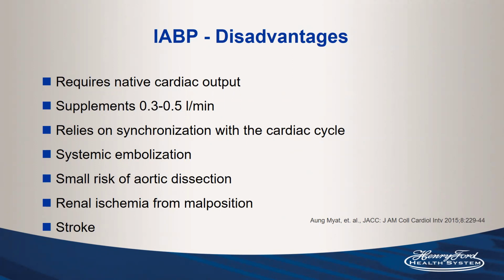Renal ischemia for malposition. So when you're looking at the daily chest X-ray for a person with a balloon pump, what are you looking for? What can you see on an X-ray?